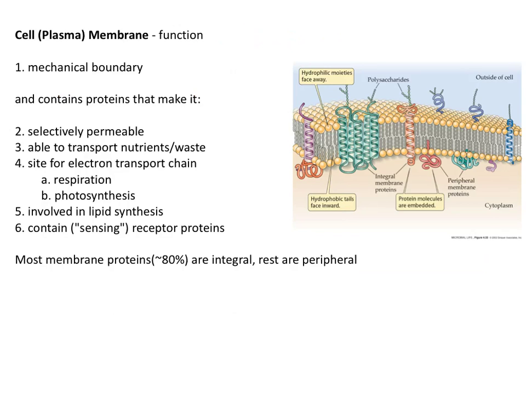So let's just take a little bit of a closer look. This particular slide shows some of the same things, but in a little bit more detail. Now, this membrane, or the mechanical boundary, contains a bunch of proteins, like I said before, but here you see some proteins in a little bit more detail. And a couple of important things to note about the proteins is that they make the membrane selectively permeable.